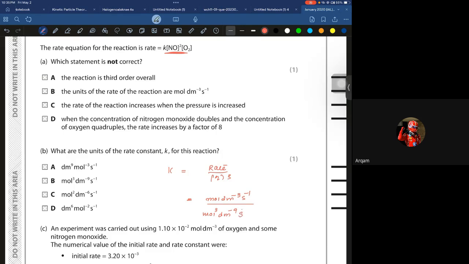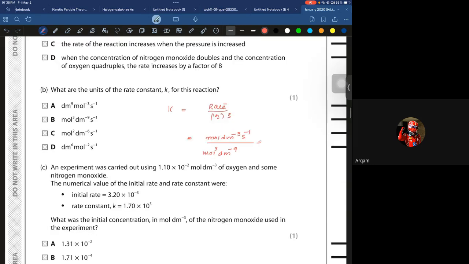Canceling, we get mole minus 2, dm plus 6, and then s minus 1. So the answer is option D, D for doctor, right? Yep, good.